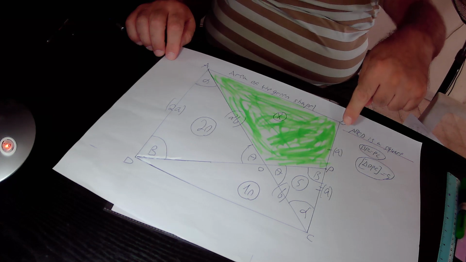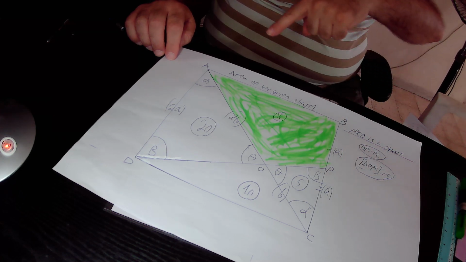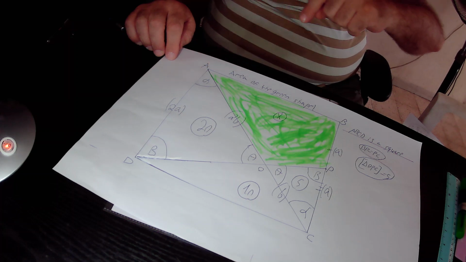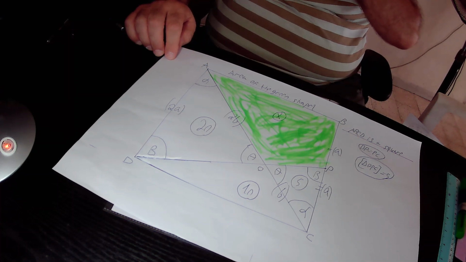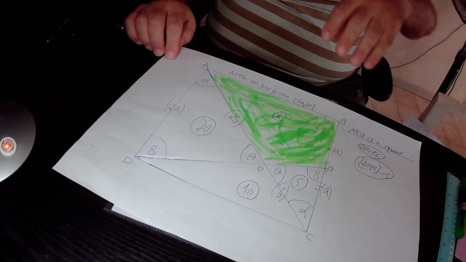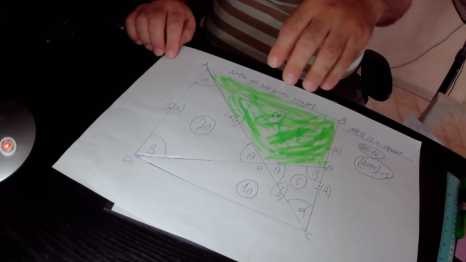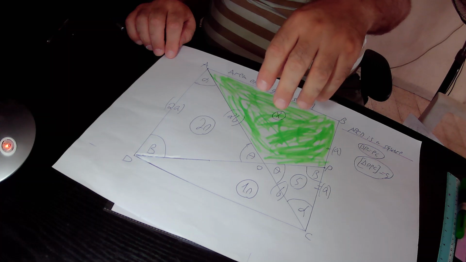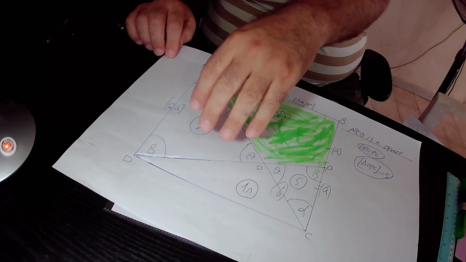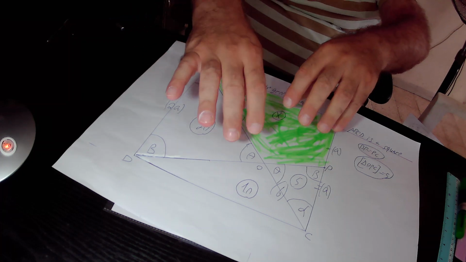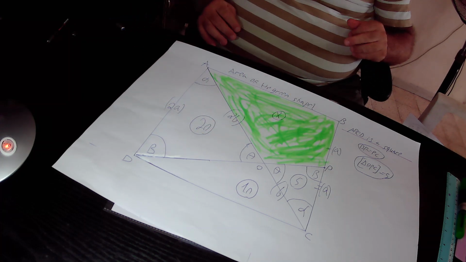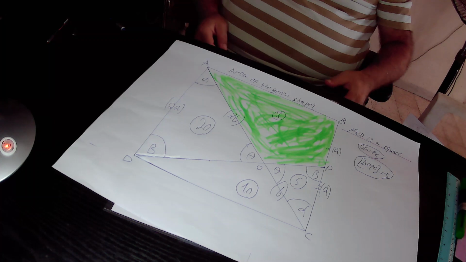Likewise, side BC is equal to side AD for the same reason, and AC is the common side that belongs to both triangles. So all the sides of triangle ABC are equal correspondingly to all the sides of triangle ADC, and therefore those two triangles can go into each other according to the side rule.